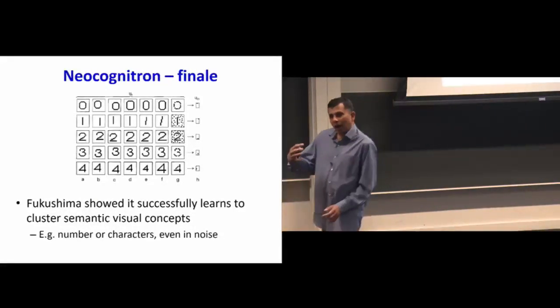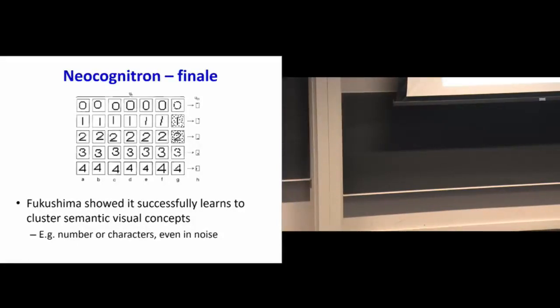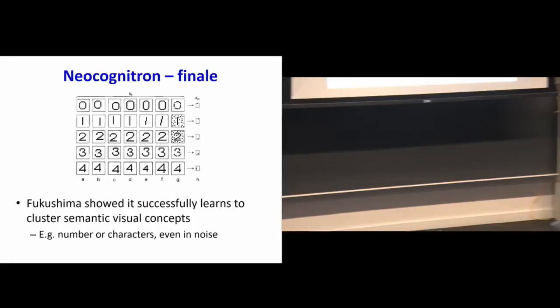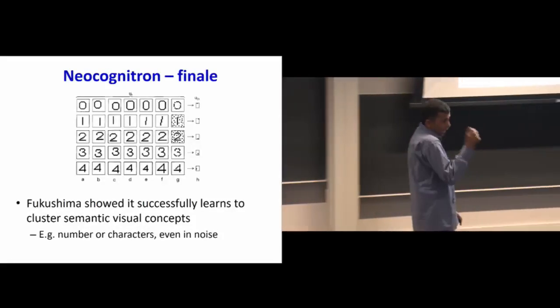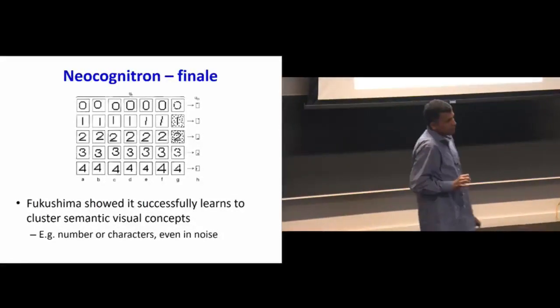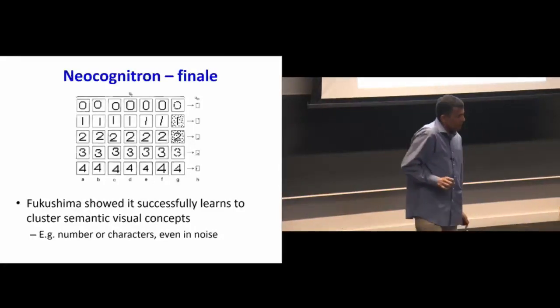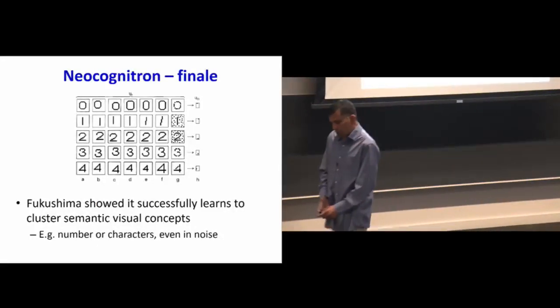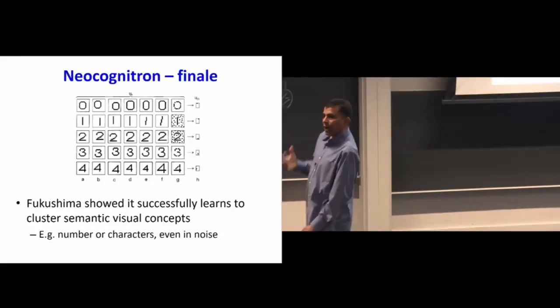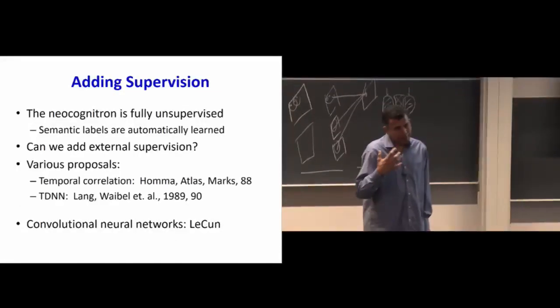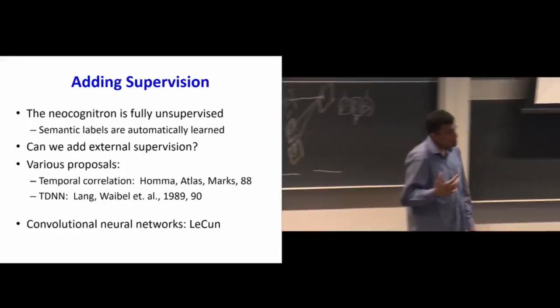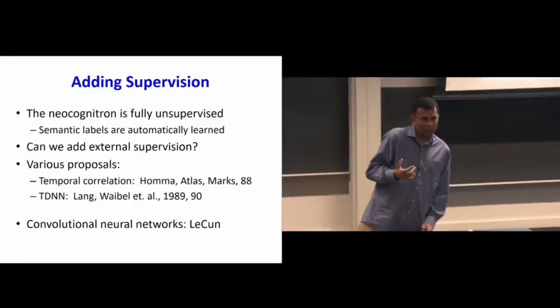So basically, in a completely unsupervised manner, this architecture learned to group inputs into different structures and to recognize different types of patterns, in this case digits. So it's a very nice model, which was completely biologically based. But then what is missing is supervision.